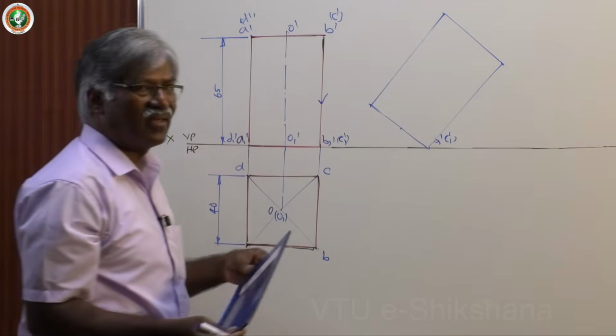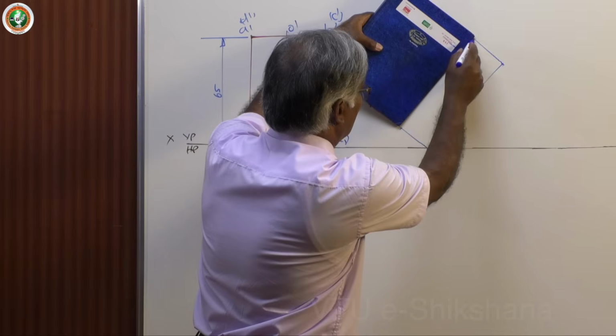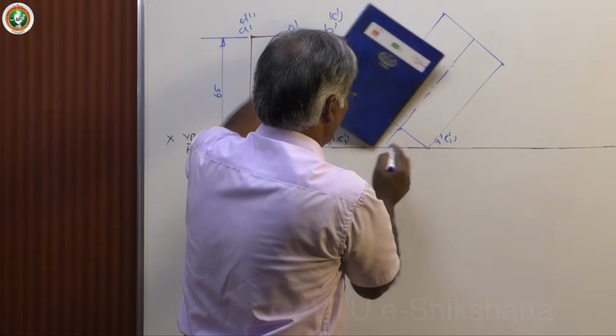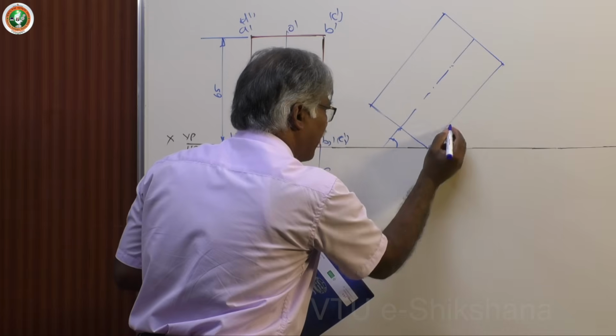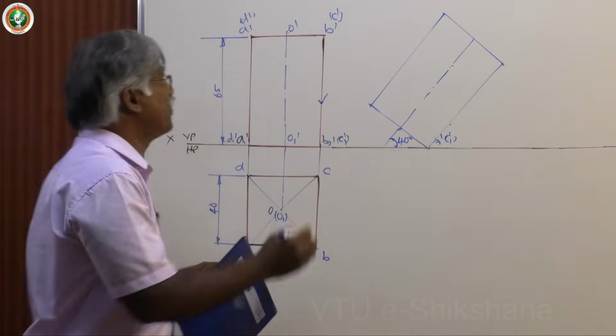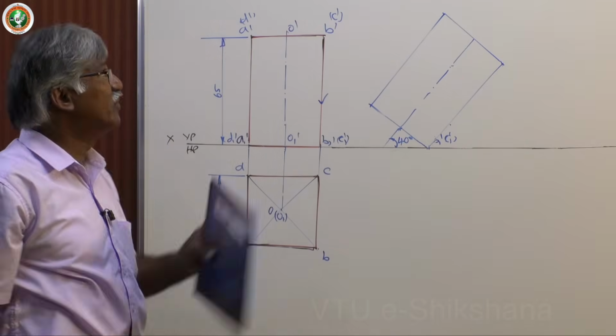So you should clearly understand how to redraw the figure. That is important here. So the axis as usual. Even though you have taken this as a reference, you take this. So HP inclination 40 degree with the axis. It's very clear.